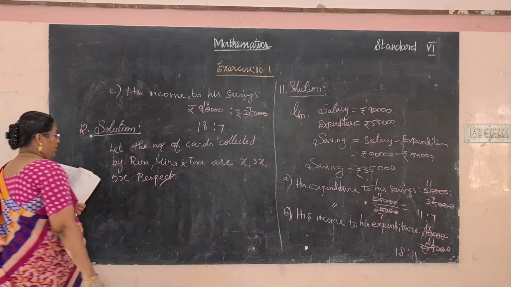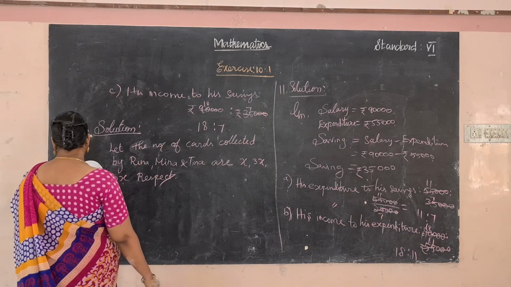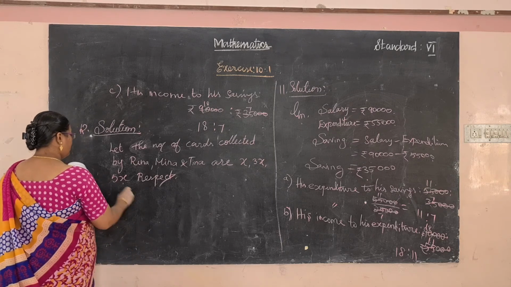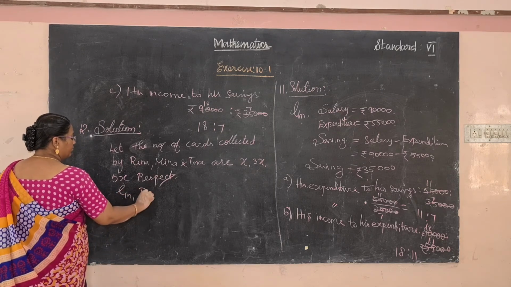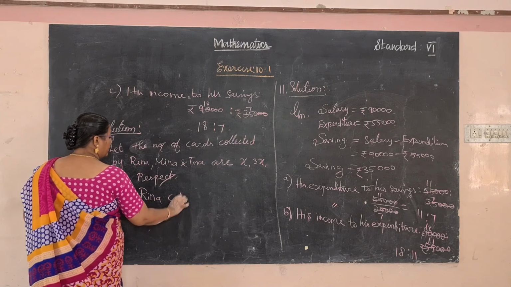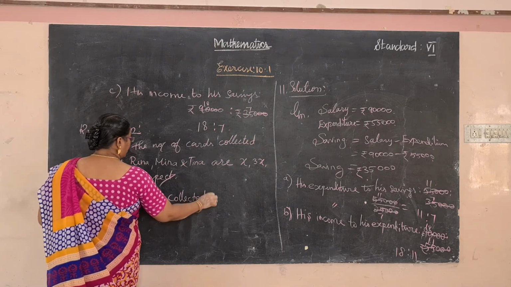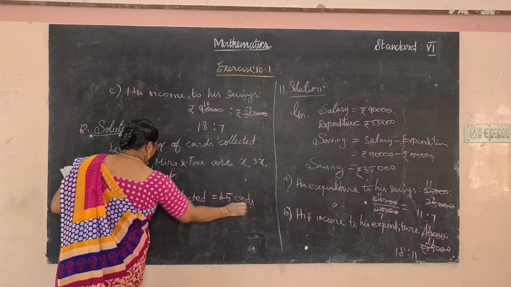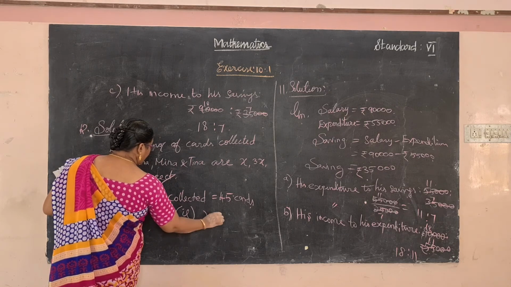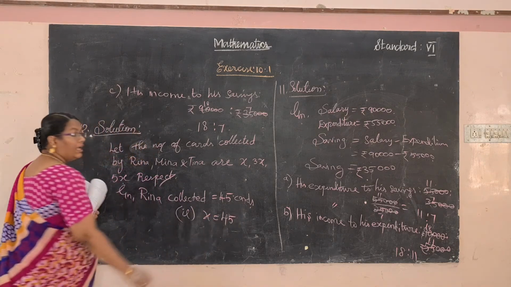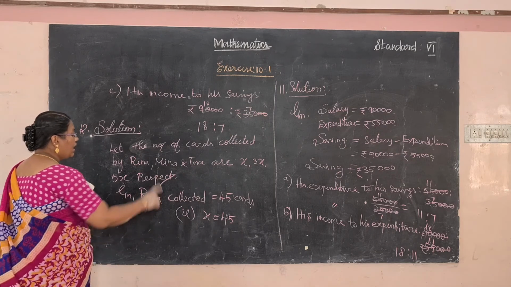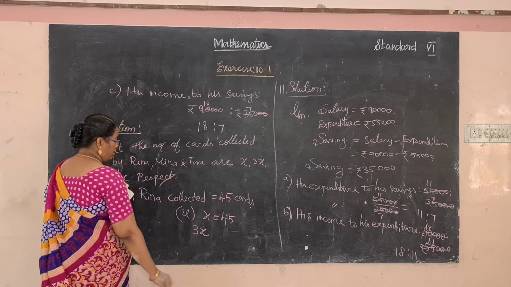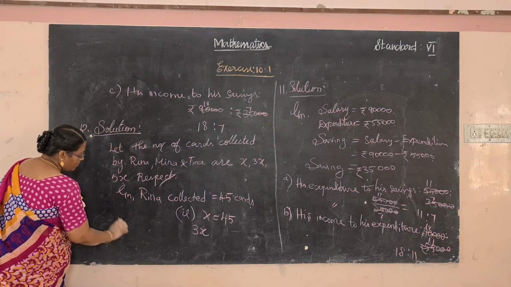If Reena has a collection of 45 cards, given Reena collected 45 cards, that is x equal to 45. Now we have to find out the remaining ones. 3x means who is this? Meena.